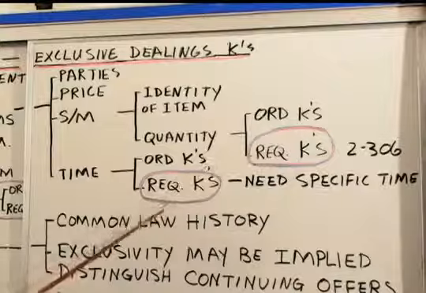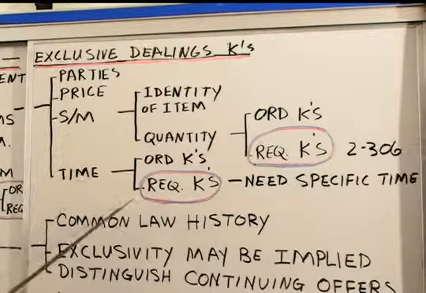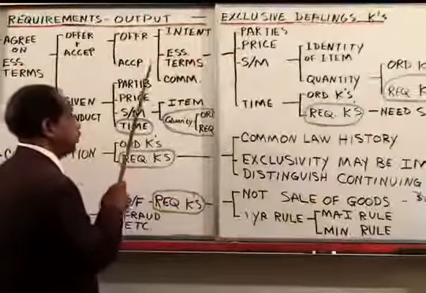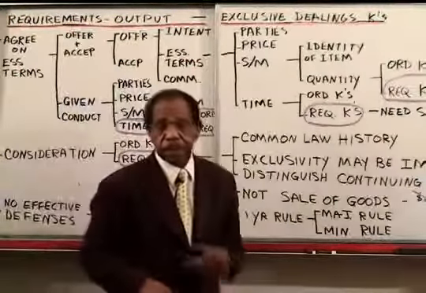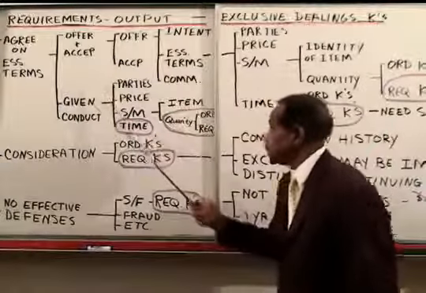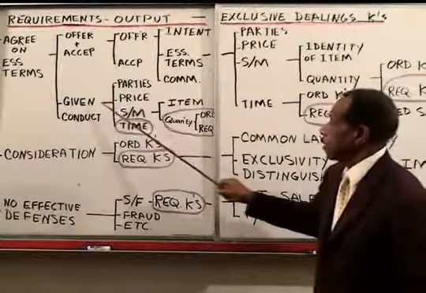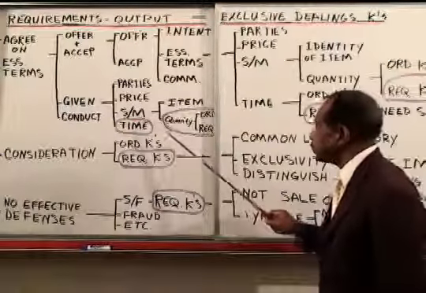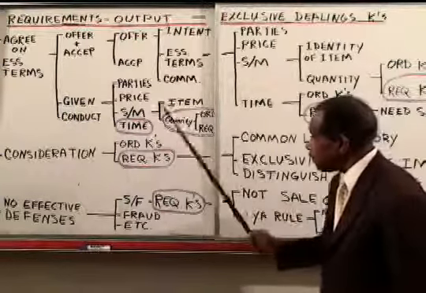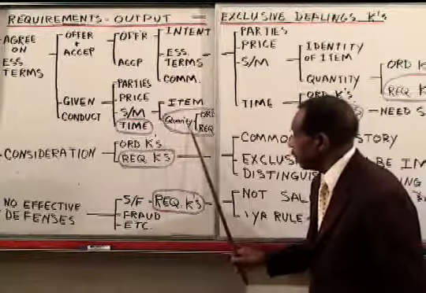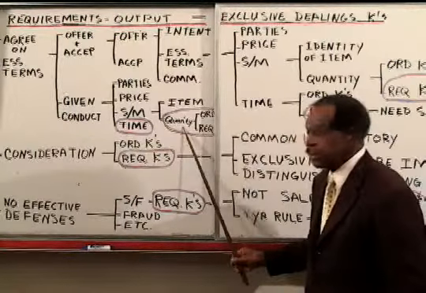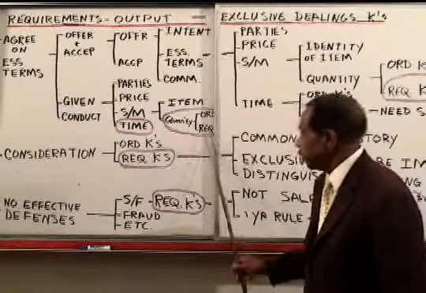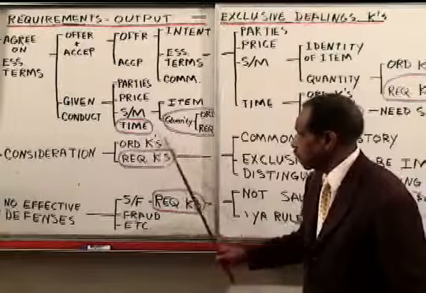So these are two things that you would need to discuss in the formation of a requirements contract if you had to form it through the offer and acceptance method. If, on the other hand, instead of you having to form it through the offer and acceptance, they told you that the parties agreed on what the price was and what the items were and what the time for performance was, but if they agreed that one party is to meet the other's requirements, well, once again, you've got a requirements contract and you need to discuss it there, and it needs a specific time.